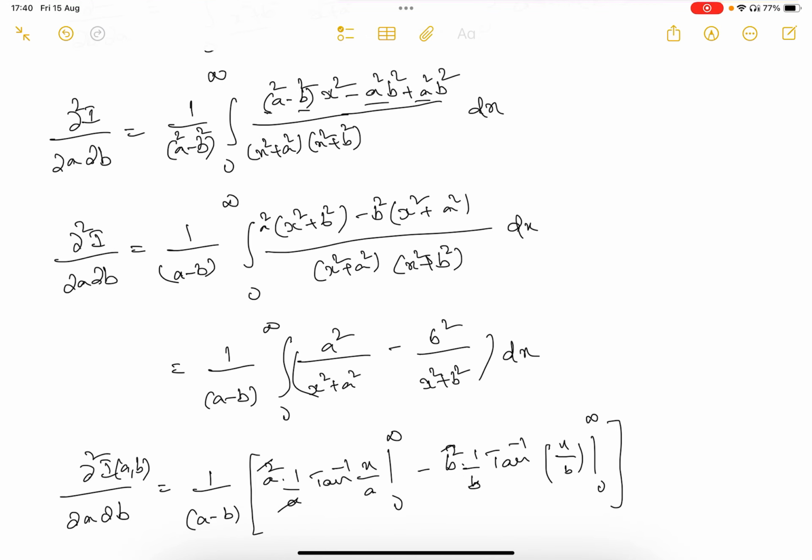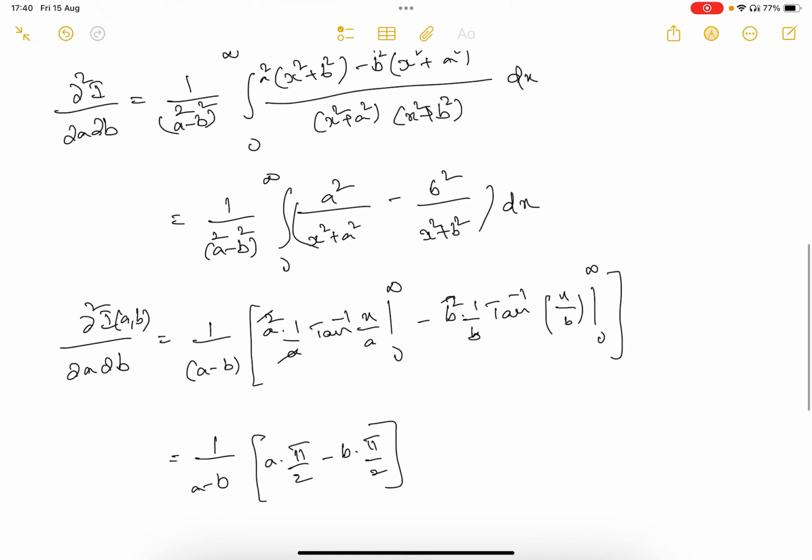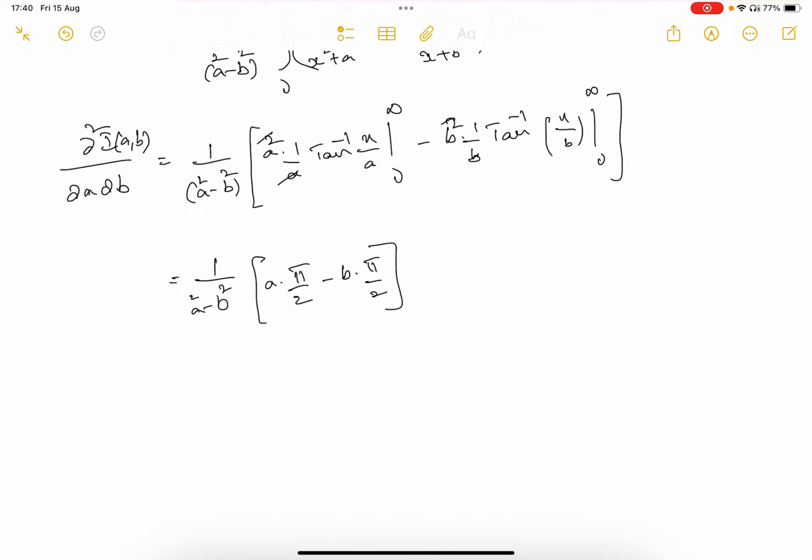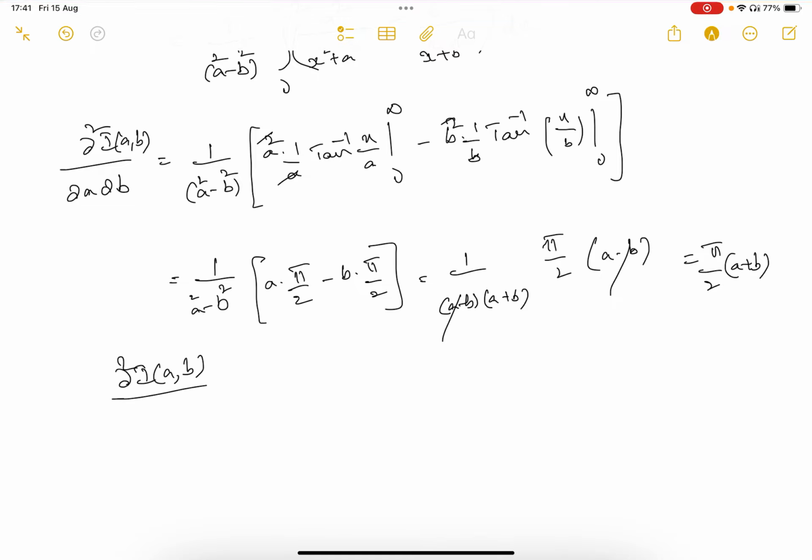So we have here a square minus b square, which you can write as a minus b into a plus b. Then you can take pi by 2 common. A minus b will get cancelled. This is pi by 2 into a plus b. So finally dou square I by dou a dou b is pi by 2 into a plus b.